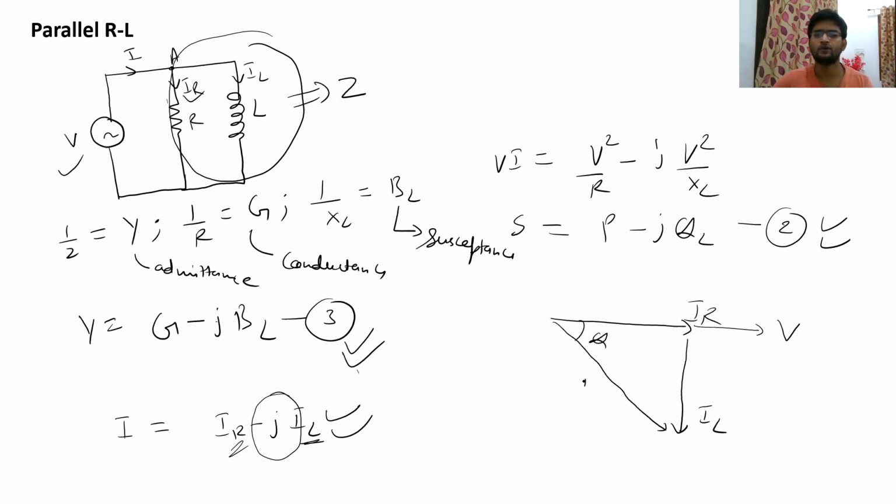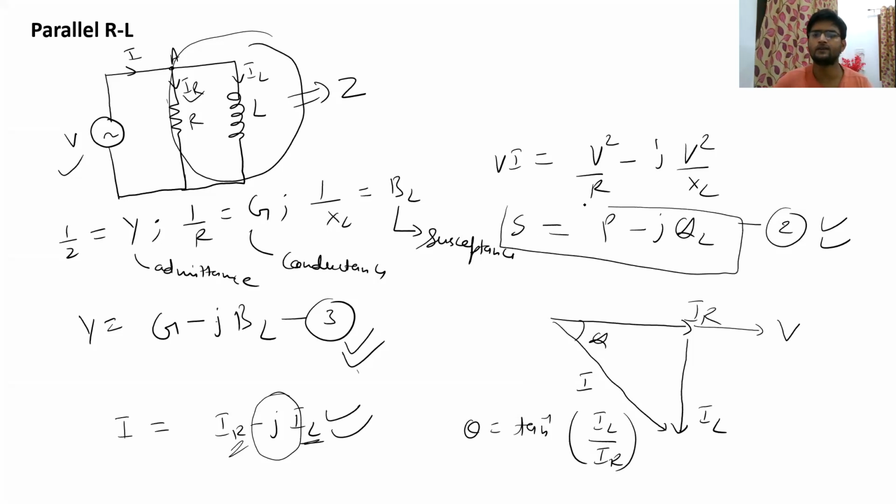Obviously, it is going to be I. If we talk about the magnitude of this theta, it should be tan inverse IL upon IR. I'm just taking the magnitude. You can put the negative sign as you wish. Similarly, for the impedance case and the power case, we can draw the phasors in the same way.